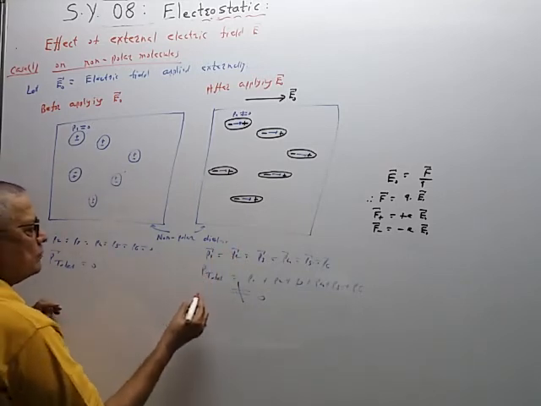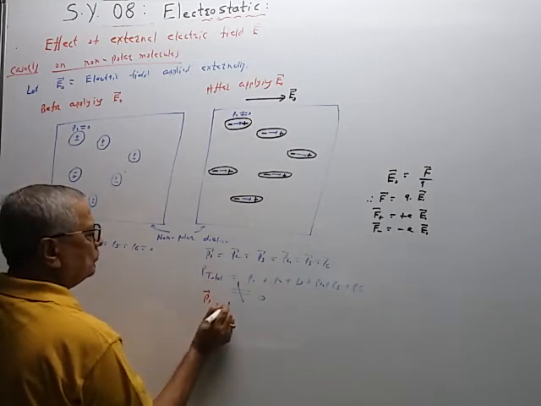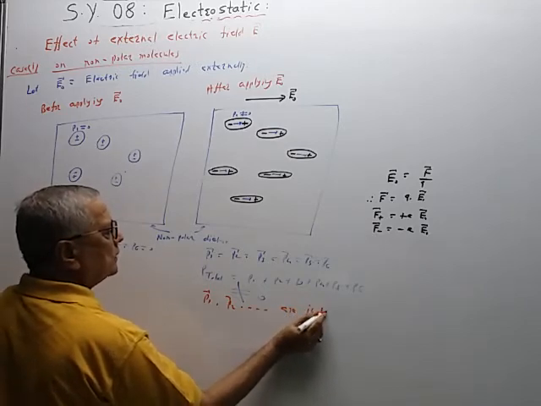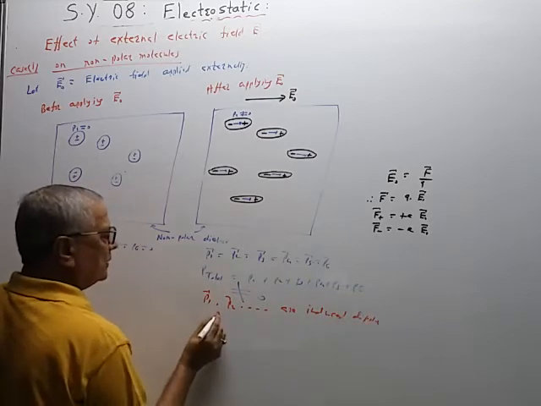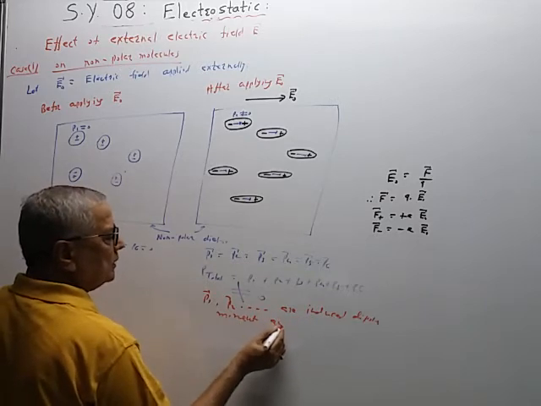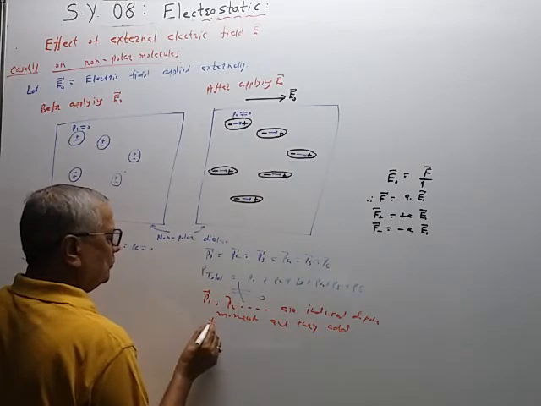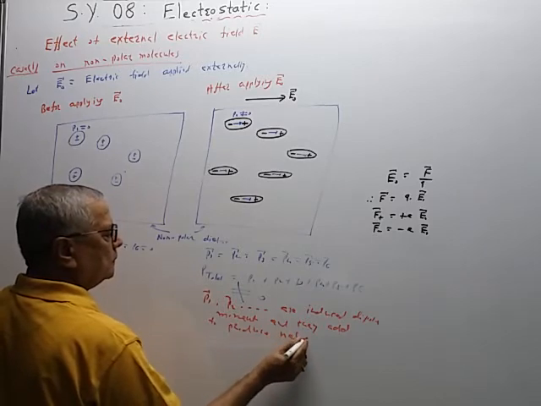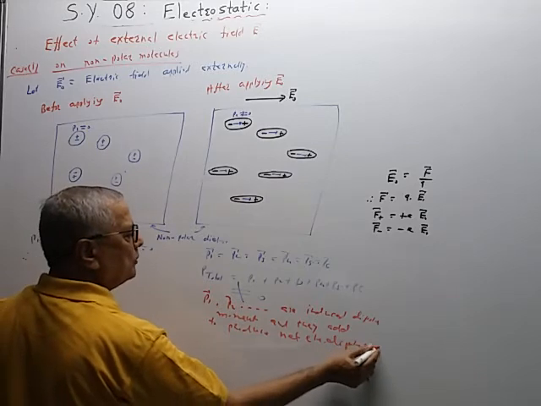These are called induced dipole moments. P1, P2, etc. are induced dipole moments. They are induced due to the applied electric field, therefore they are called induced dipole moments. P1, P2 are induced dipole moments, and they add up to produce a net electric dipole moment.